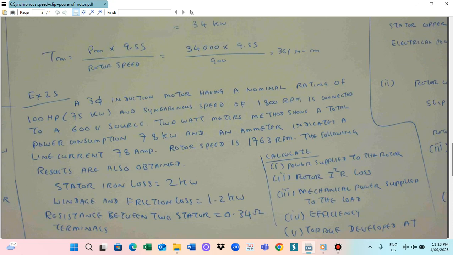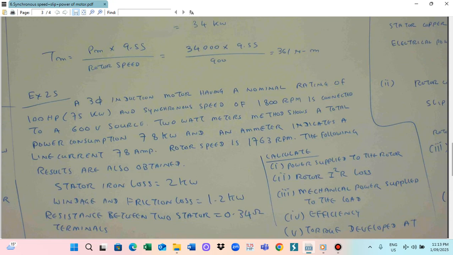The PM we already calculated as 34 kilowatt, so 34,000 multiplied by 9.55, divided by rotor speed of 900. So you calculate it as 361 Newton meter. So this is the torque calculation.